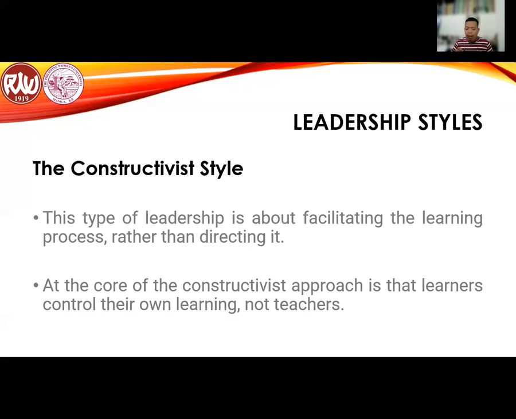This acknowledges that every learner understands, processes, and gives meaning to lessons through their own reality. Constructivism places a priority on customized teaching approaches that take into consideration individual learning needs.